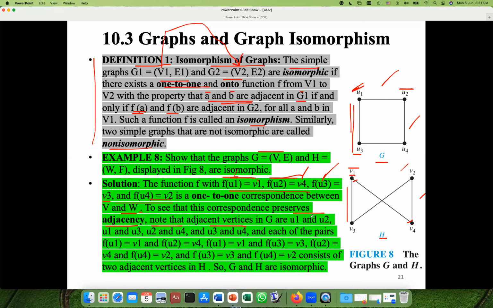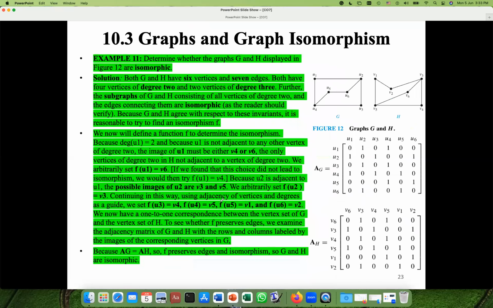For example, here, I will do this one and the next one is with you. Show that the graphs displayed in figure 9 are not isomorphic. So this is figure 9, and the graphs are given to you.